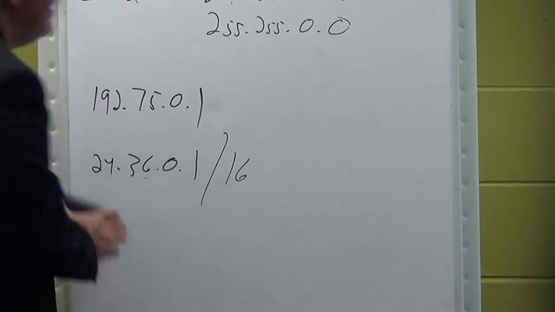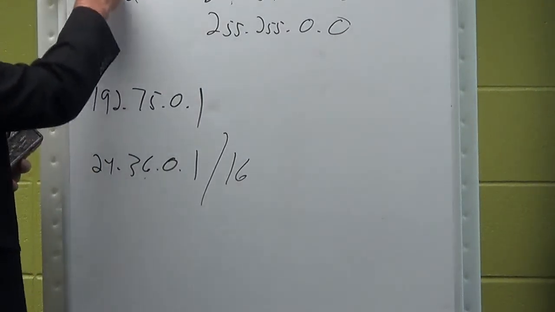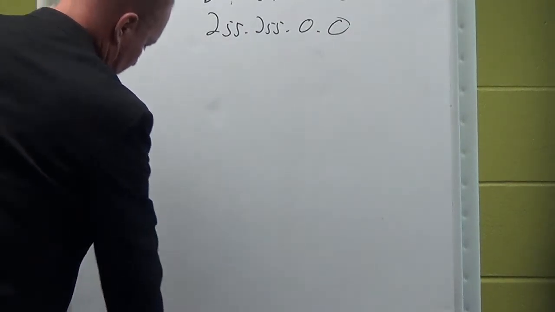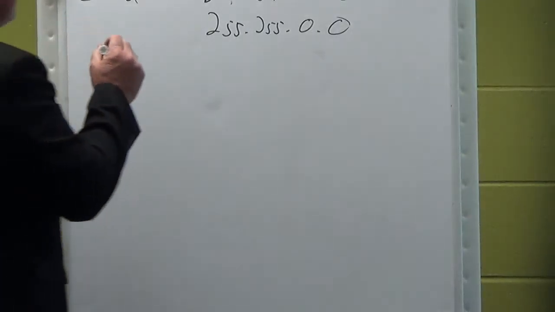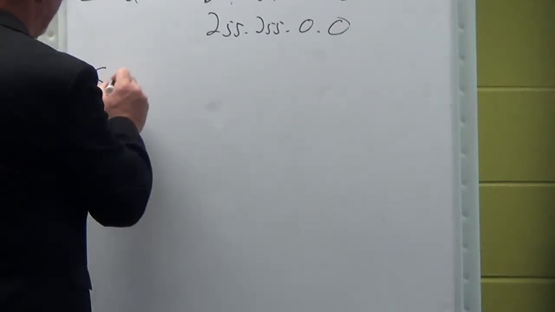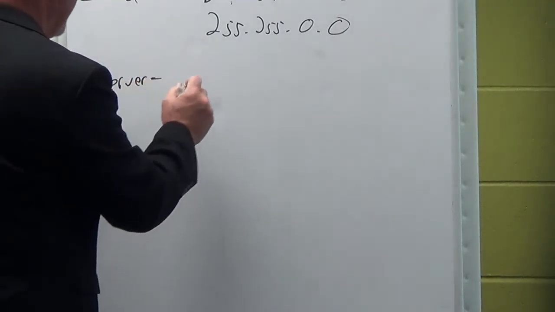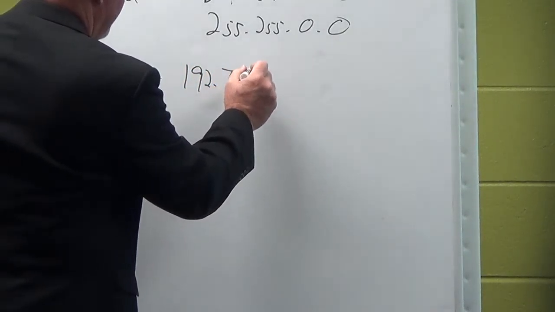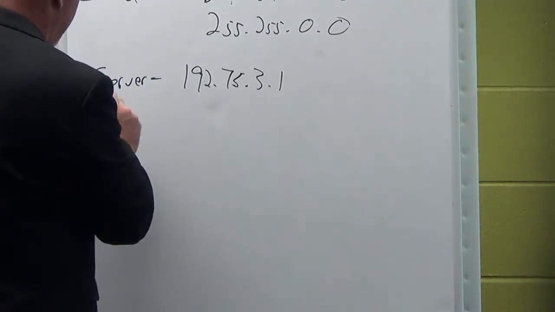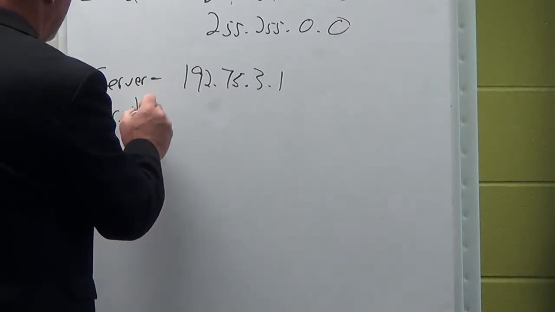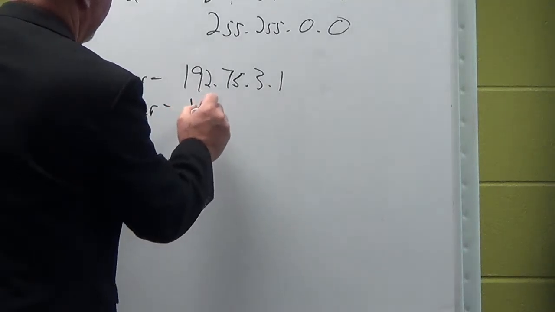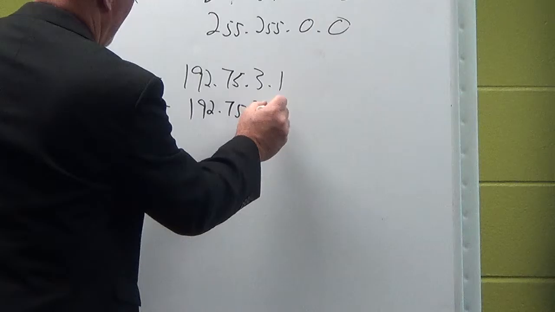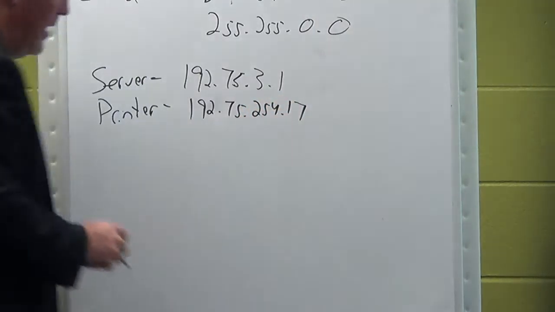Okay, so given these two networks, Chicago and Indianapolis, let's say in Chicago I have a server with an IP address of 192.75.3.1. Can it see a printer in the Chicago office that has an IP address of 192.75.254.17?